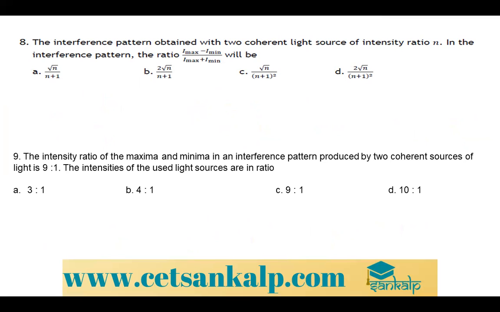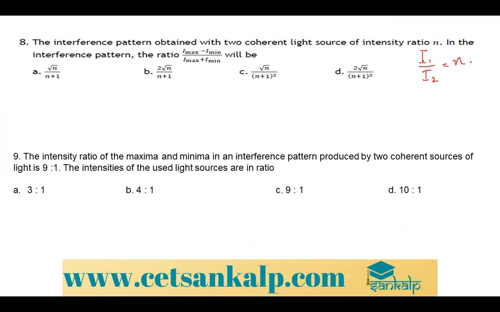The interference pattern obtained with two coherent light sources of intensity ratio n. So they've given I1 by I2 is equal to n.